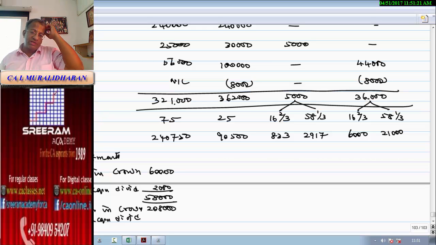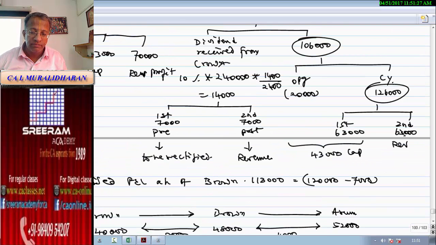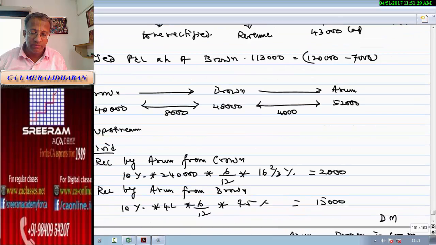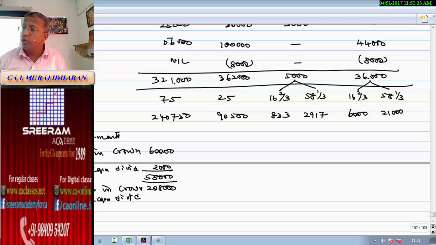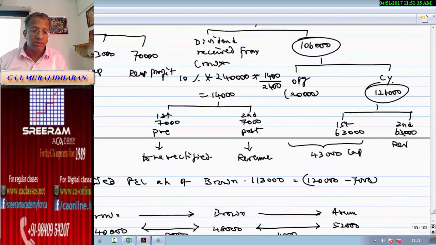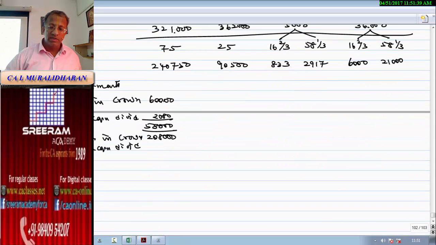How much should we consider as a pre-acquisition dividend? No, this is Brown in Crown. 7,000, which we have already done at the initial stage.